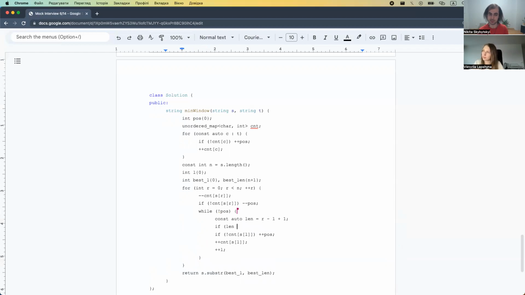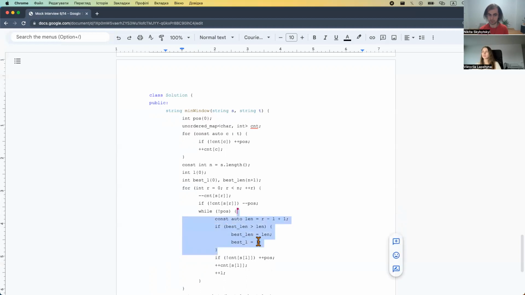So if length is less than best len, then I update best len to len, and also best left to left. Because both left and right are included, I need +1. And you said I don't have to worry about tie breakers, so I just compare the lengths. Yeah.